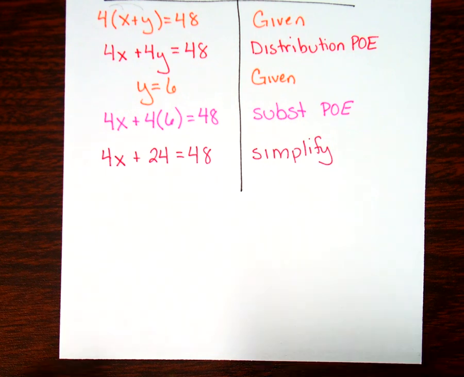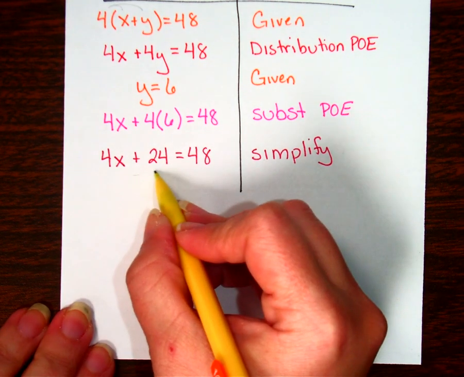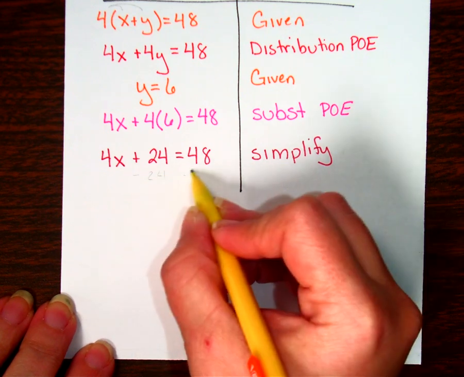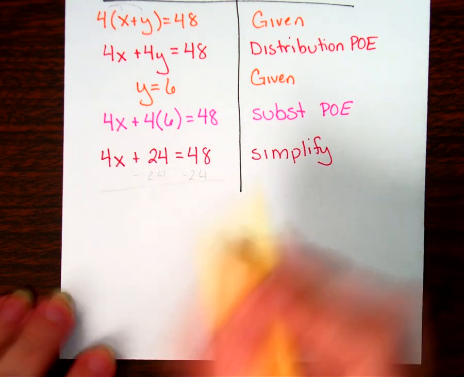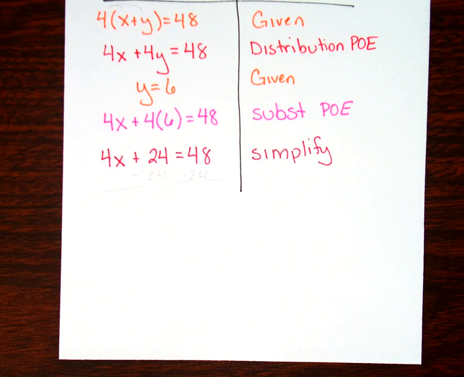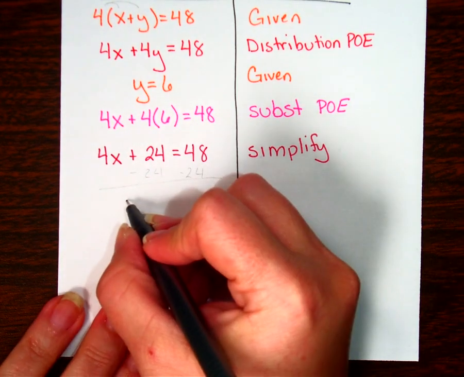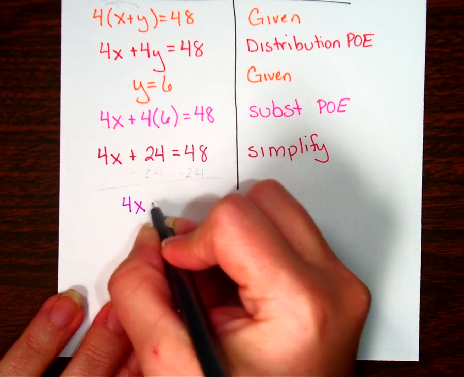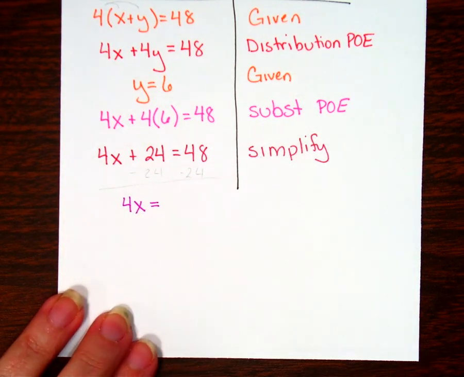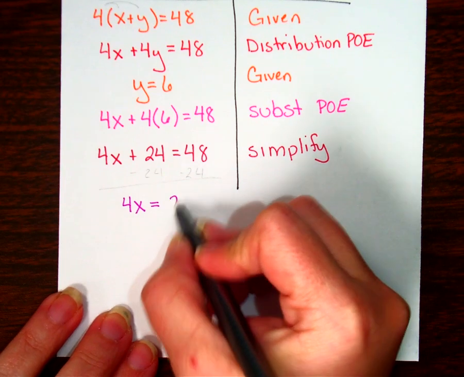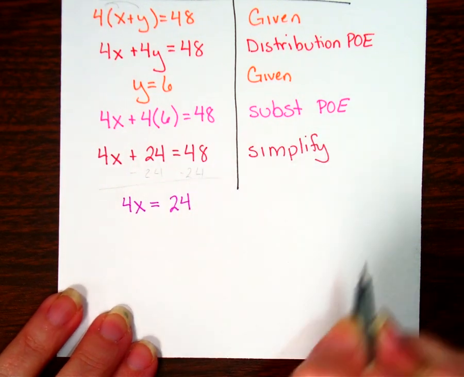I need to move that 24 so the 4x is all by itself. So I'm going to lightly subtract 24. Just real lightly because it's not technically part of the work of the proof. Okay? All right, so when I do that, I end up with 4x equals 48 minus 24 is 24.